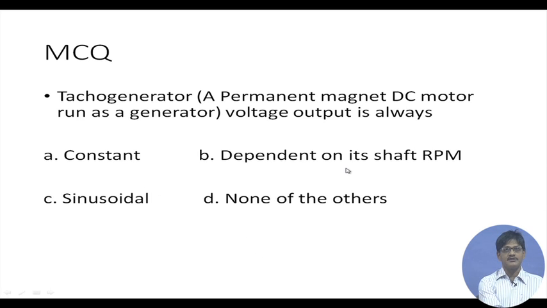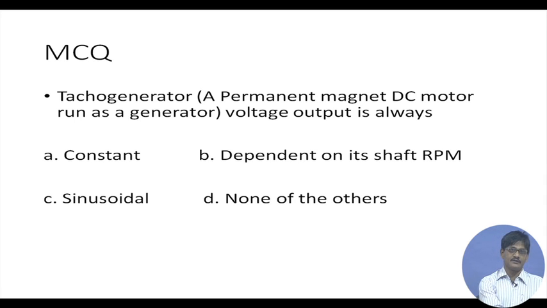Dependent on its shaft RPM. Now, what is RPM? Rotations per minute. Rotations per minute is related to angular velocity by the relation 2 pi multiplied by n, n being the RPM. 2 pi multiplied by RPM by 60 is equal to omega.